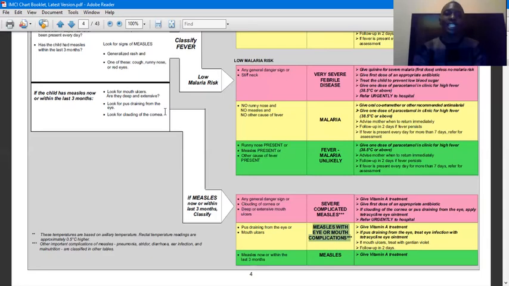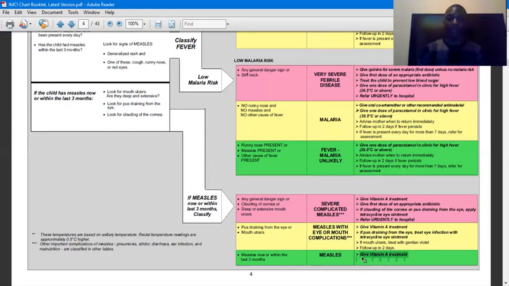Then if the child has fever together with generalized rash and this fever has no other accompanying symptom, meaning in the scenario they may just give you signs of measles to say this child has fever and generalized rash, meaning this child has fever now or within the last 3 months, you classify this type of fever as just measles, and the appropriate treatment according to IMCI is just to give vitamin A.